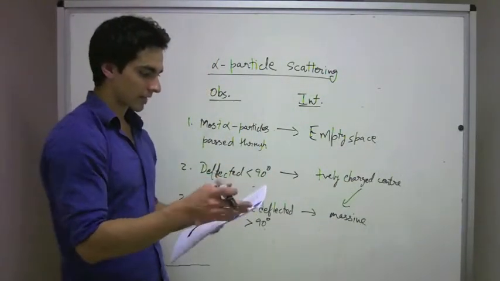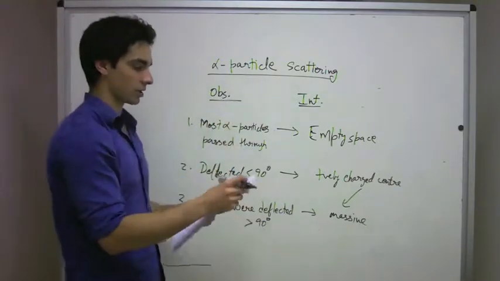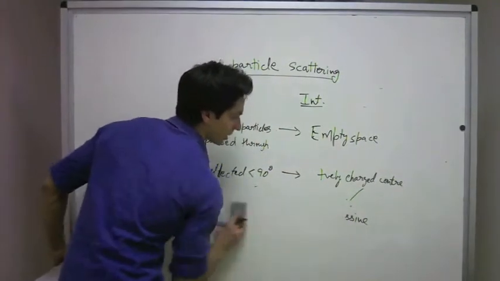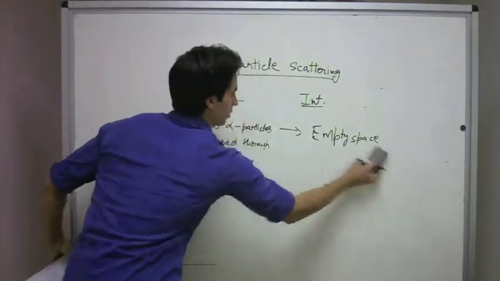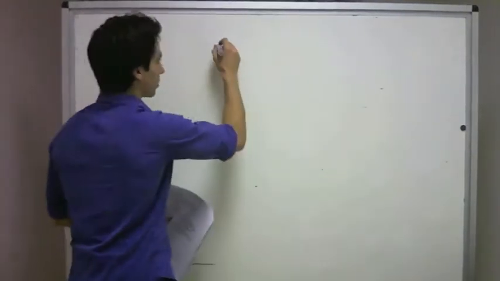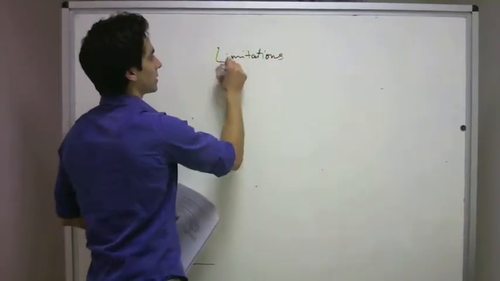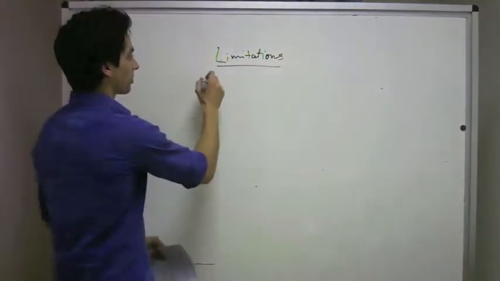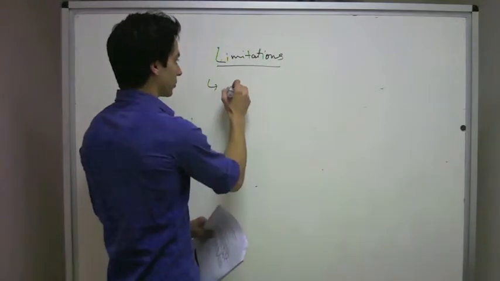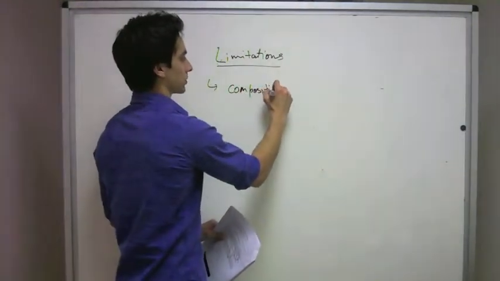Now, the next portion is outlining limitations of this basic model. The student should be able to outline at least one limitation. So limitations would be 1. It's quite clearly mentioned in the notes, but just for reference sake, 1, this model does not tell you the composition of the nucleus.